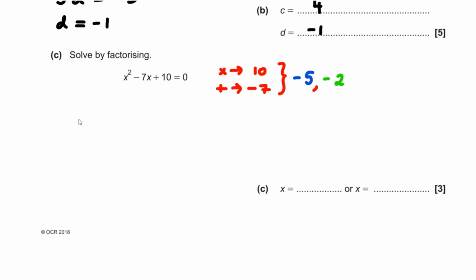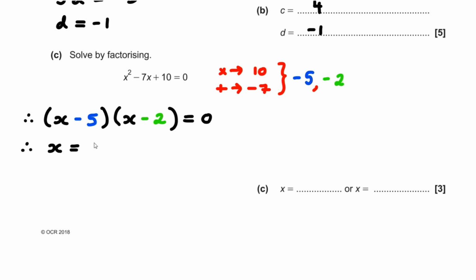So, when we come to factorise, we have x subtract 5 multiplied by x subtract 2. And this is equal to 0. Which means then x is equal to 5 or x equals 2. So we have 5 and 2.